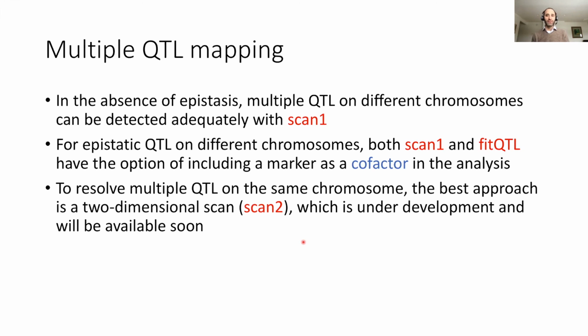And when you have multiple QTL on the same chromosome, you can use cofactors, but I really like the scan2 functionality that's in the QTL package, and our goal is to create a scan2 function within diaQTL to make that possible. So look for that sometime this year.